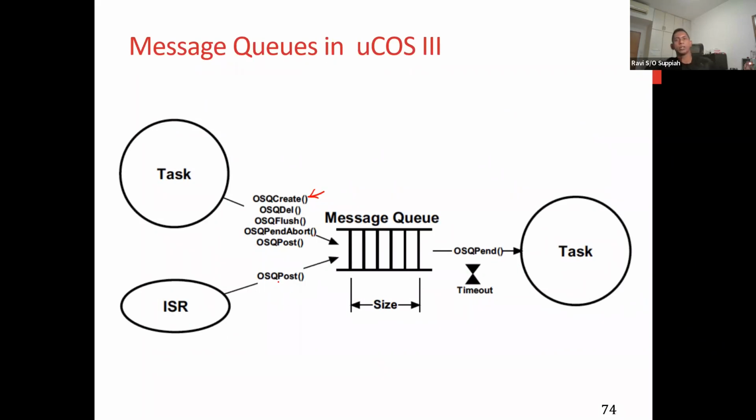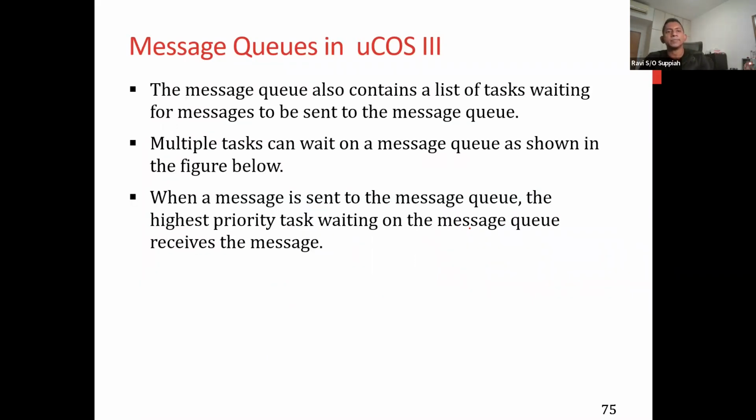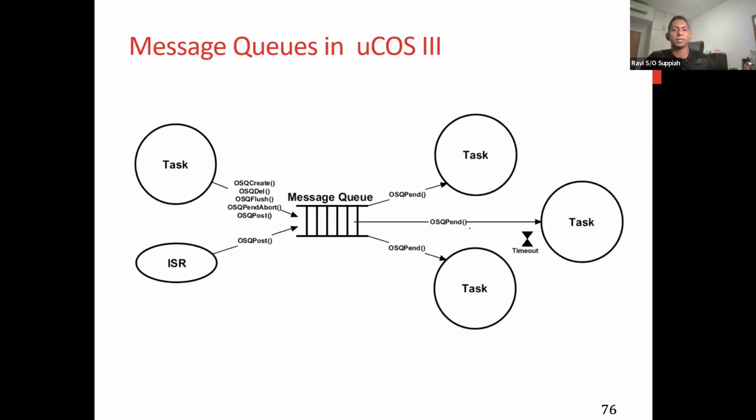Once I create a new message queue, the task can post to the message queue, while the task that is expecting to receive the message will receive by calling OSQPend. So OSQPost and OSQPend.